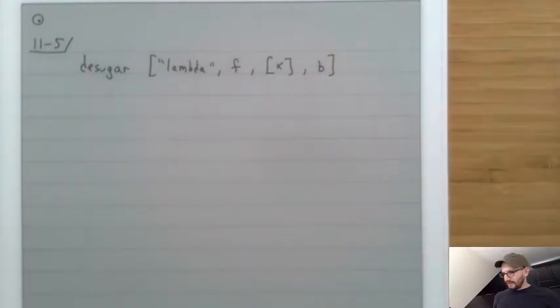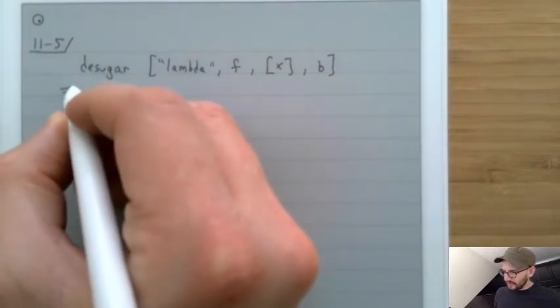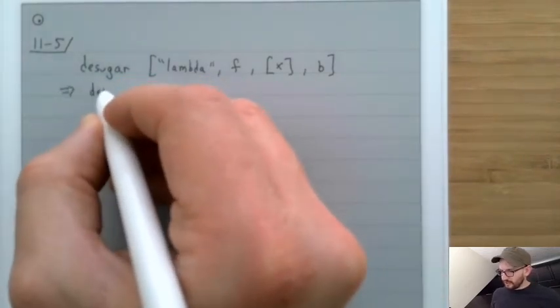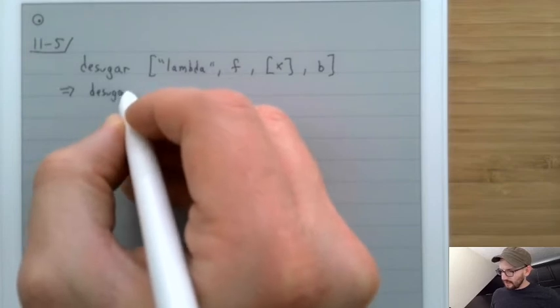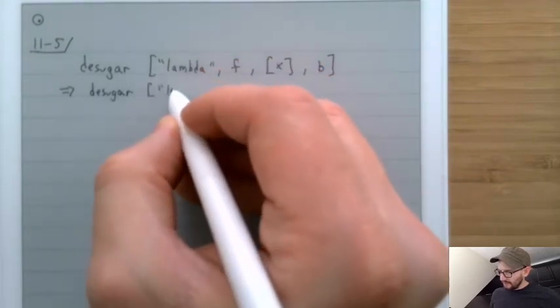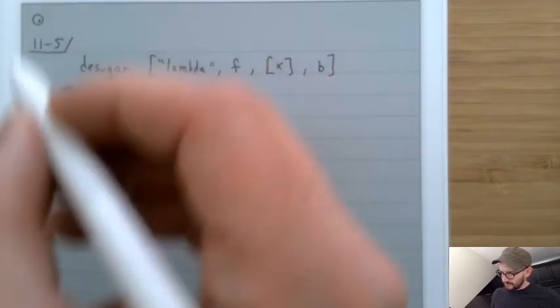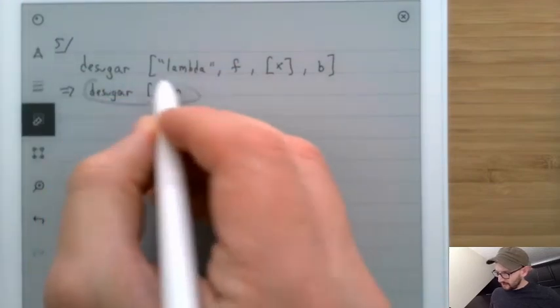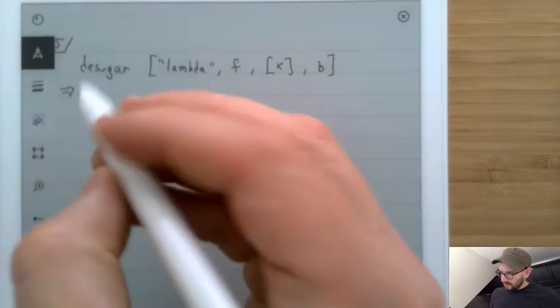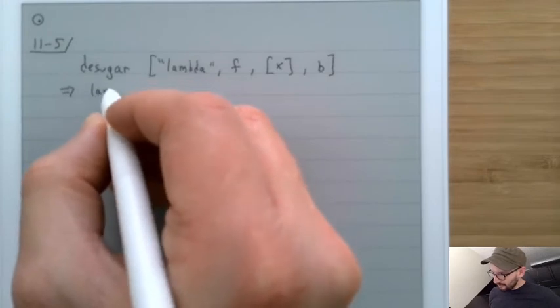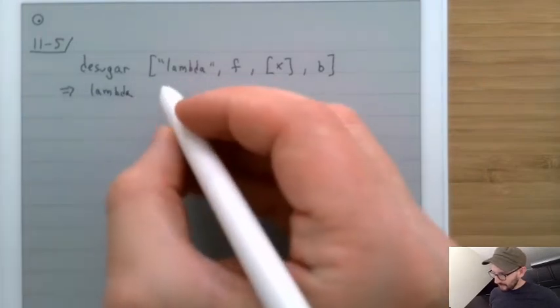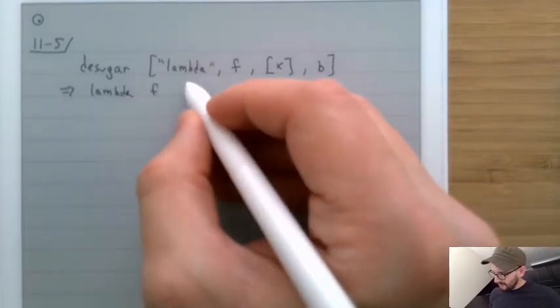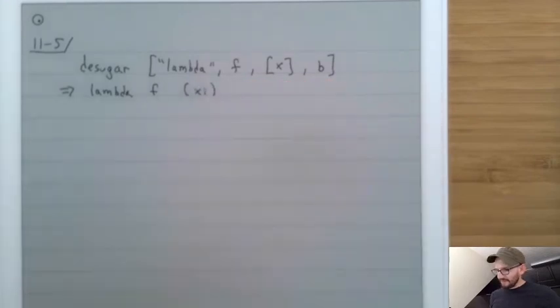Okay. Then what we're going to do is we're going to turn this into calling desugar on lambda. Sorry, not calling desugar. We're going to create an actual lambda that has f and then xi.